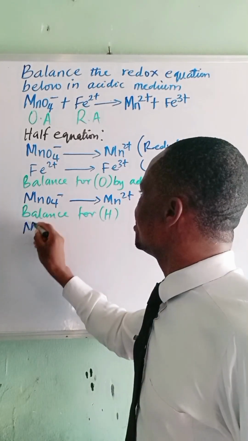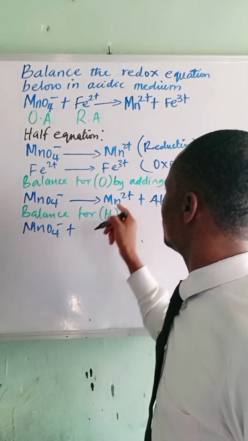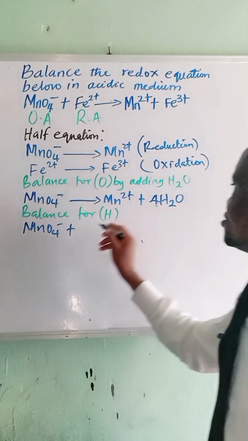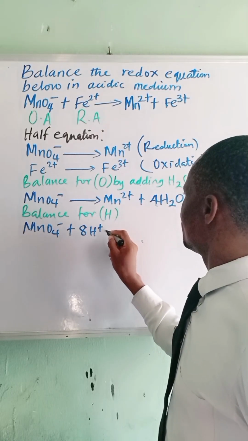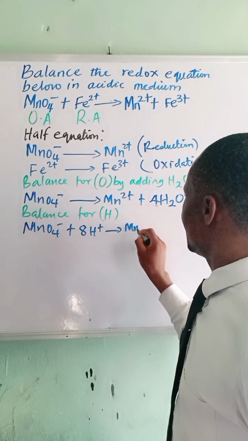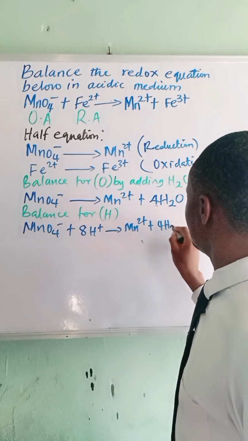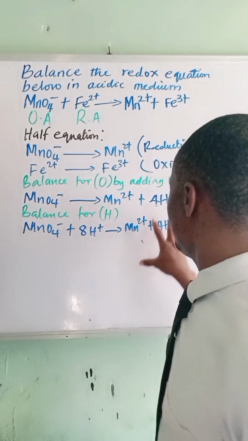So you have MnO4 minus plus, how many hydrogen is here? 8. So we have 8 hydrogen to give us Mn2 plus and 4H2O.